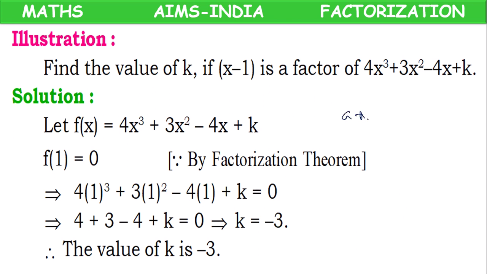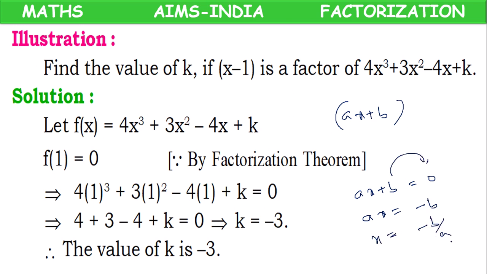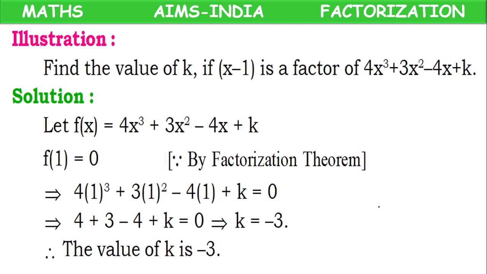Suppose if the factor is ax plus b, then what is the remainder? We have to assume ax plus b equal to 0, ax equal to minus b, x equal to minus b by a. The x value we are getting is minus b by a. So the remainder is f of minus b by a.